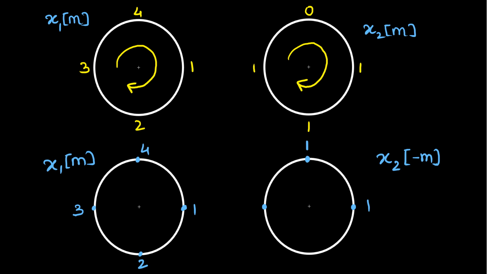Then we would be having x2 of 2 located at x2 of minus 2, so it would be here, and this 0 would be located here. So we have just flipped the locations of this 1 1 1 0 as 1 1 1 0. So this is simply a circular flipping, but the increasing value of m still remains the same. So this is the step 3.